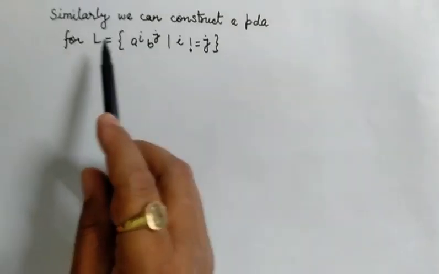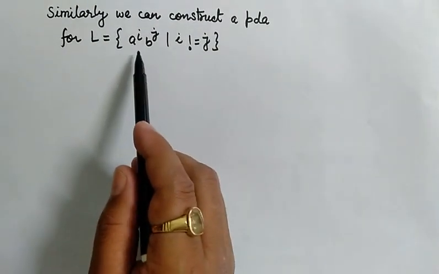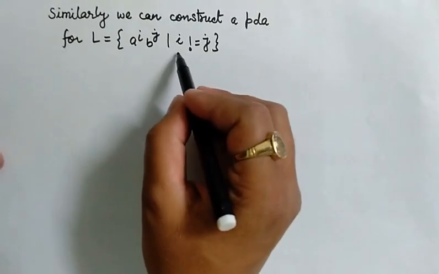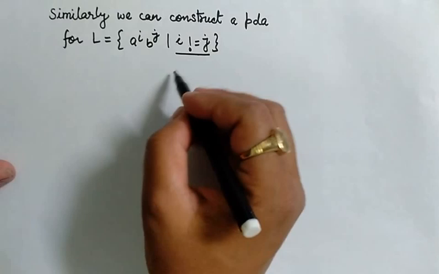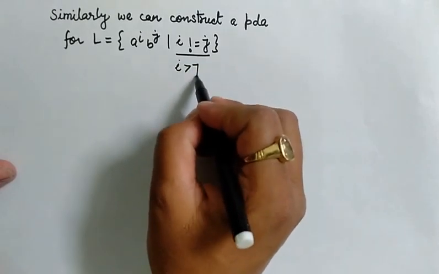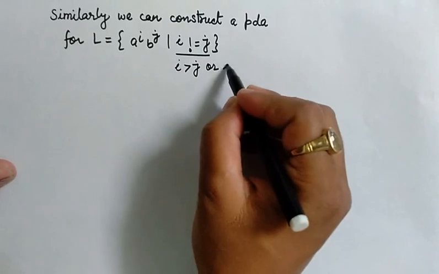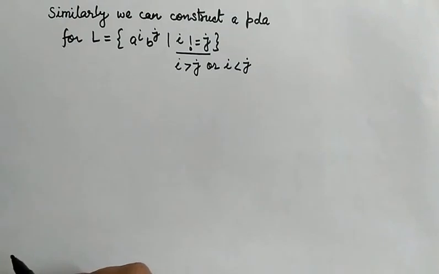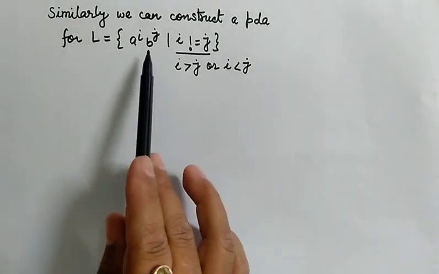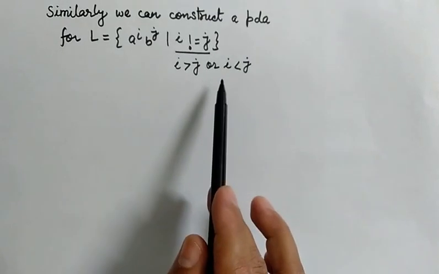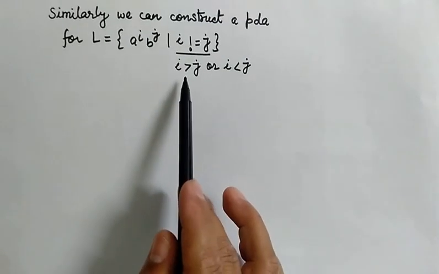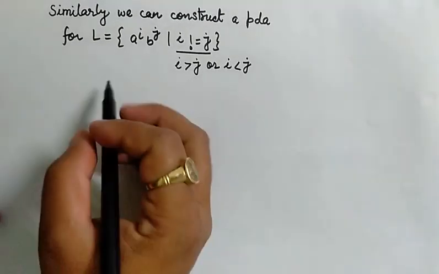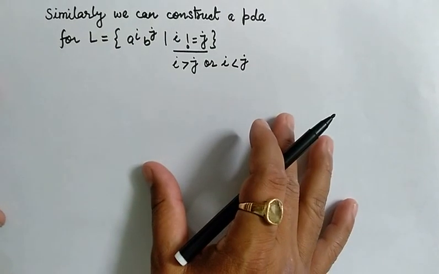Similarly, we can construct a PDA for the language A^I B^J, I not equal to J. If you see this language, I not equal to J means I either will be greater than J or will be less than J. So basically this language is the union of the previous two languages, A^I B^J with I greater than J or I less than J. So we can write the rules for this PDA.